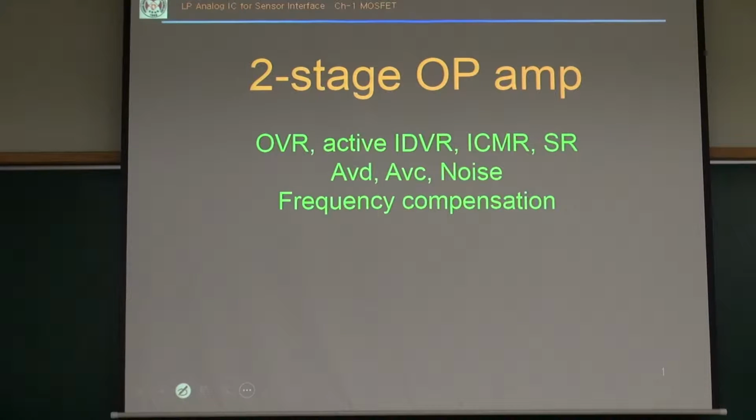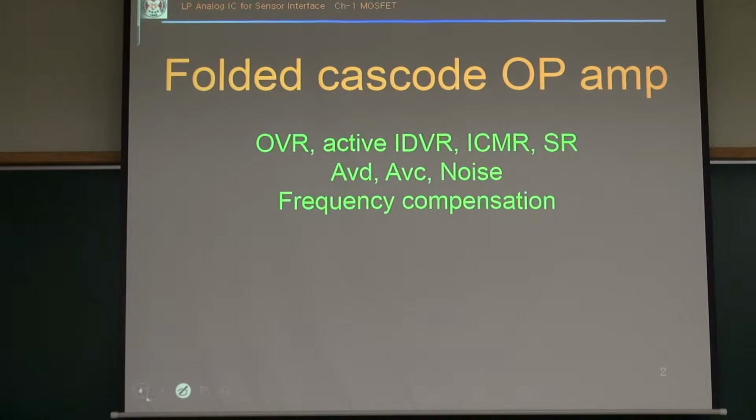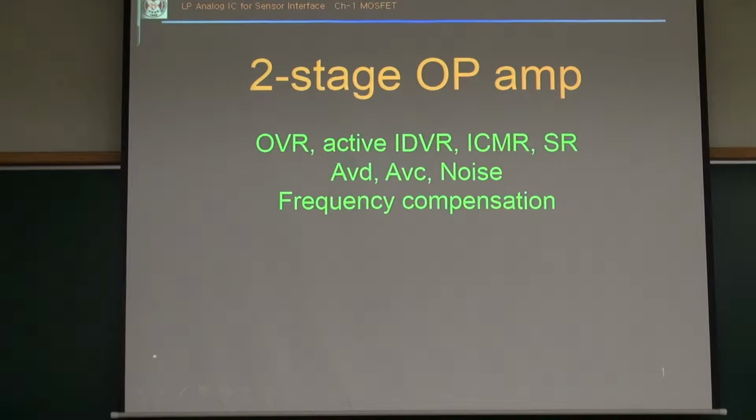The simplest op-amp is a two-stage op-amp. A simple differential pair usually doesn't have enough voltage gain. We want a voltage gain of around 60 decibels, which is 1,000.